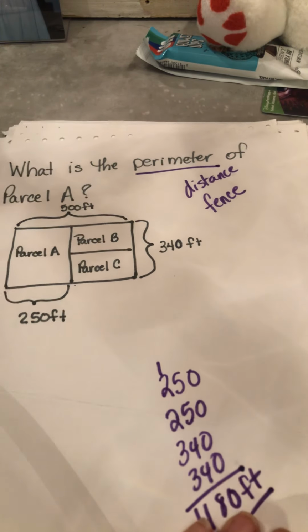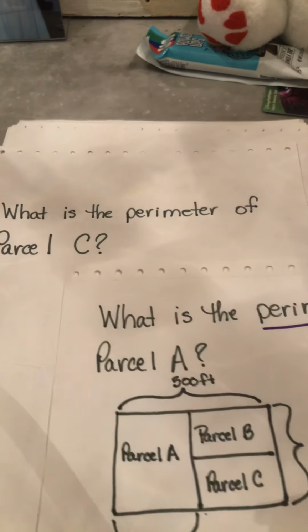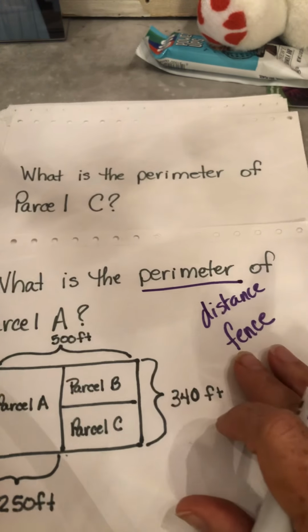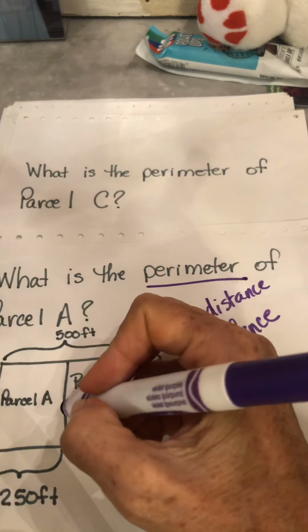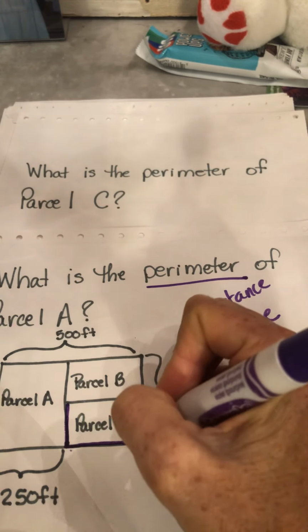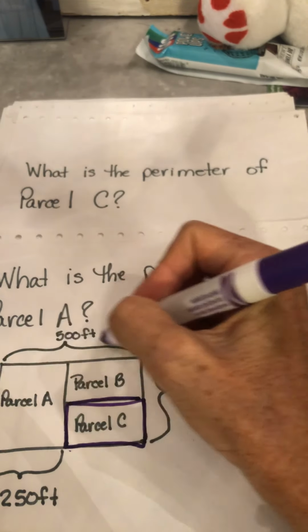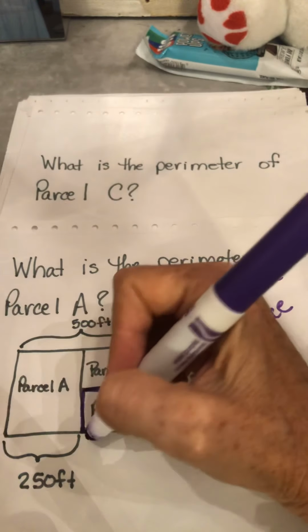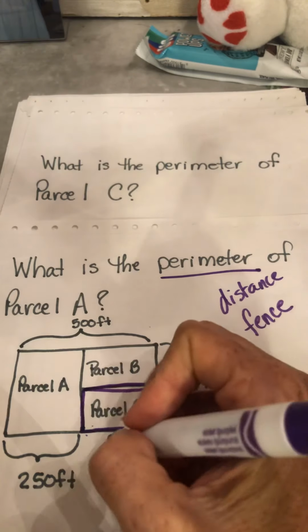Okay? Now, this one was also on the test. Oops, where'd it go? Okay, this one was missed by a lot of you guys. What is the perimeter of parcel C? So here is parcel C right here. Well, if from here to here is 500 and this much is 250, 500 minus 250 is 250.